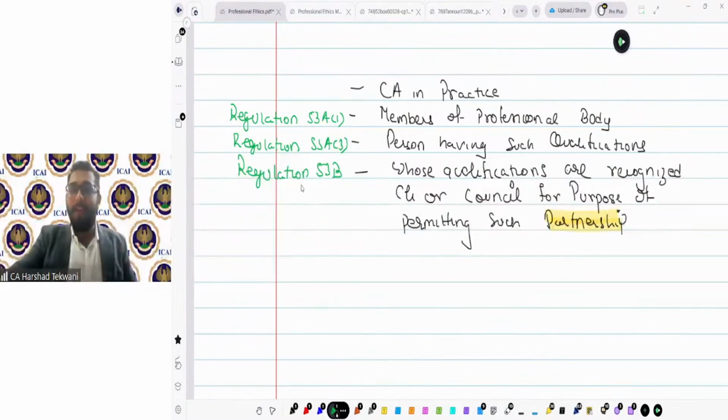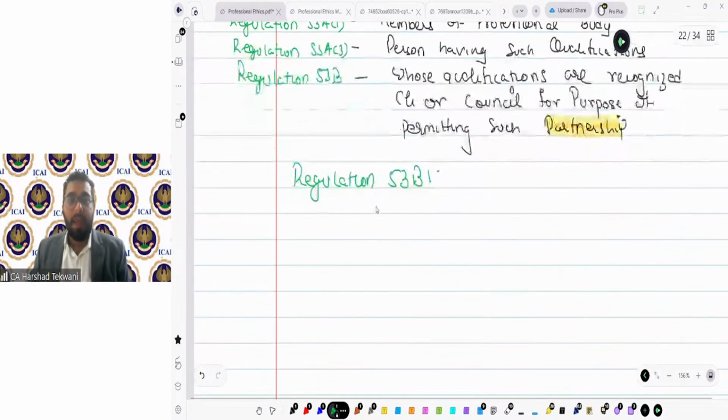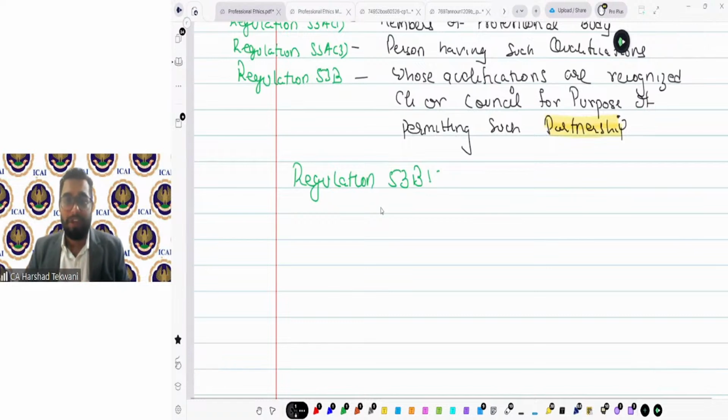Now, what does Regulation 53B specify? You might feel it is on a similar line, but let me tell you. It specifies the membership of the following professional bodies for entering into partnership.